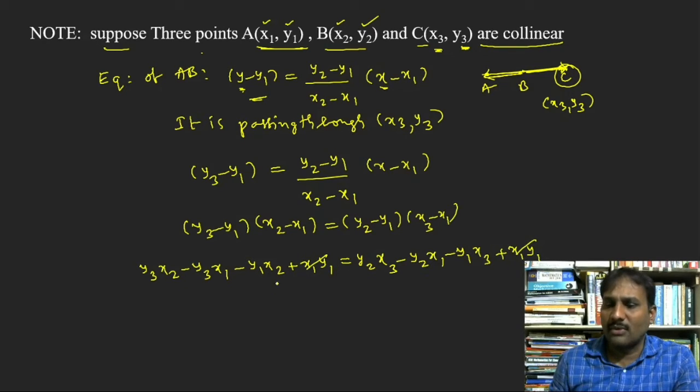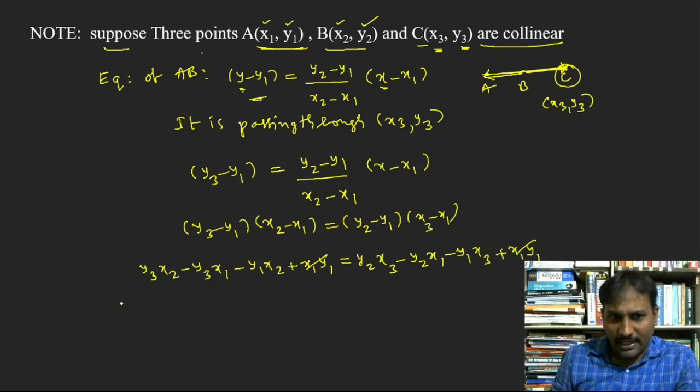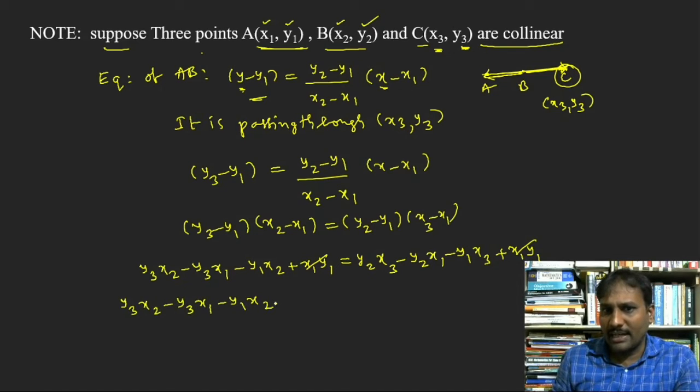On both sides x1 y1 gets cancelled. Now what is remaining? Bring all the terms to one side. So now you can write it as y3 x2 minus y3 x1 minus y1 x2 minus y2 x3 plus y2 x1 plus y1 x3 is equal to 0.